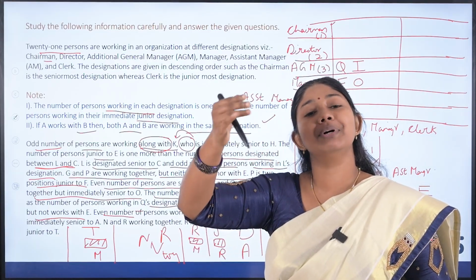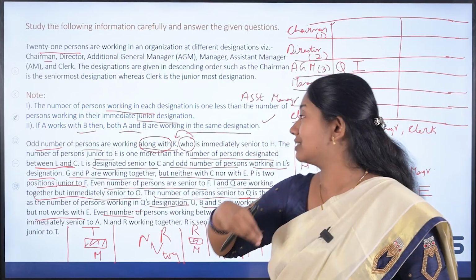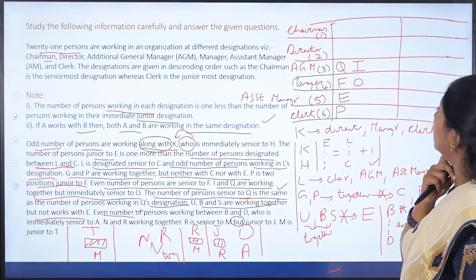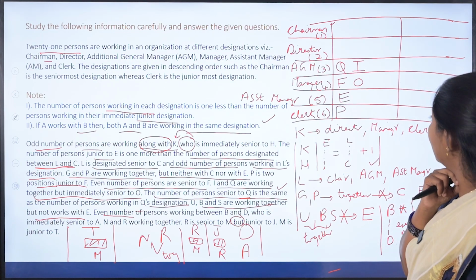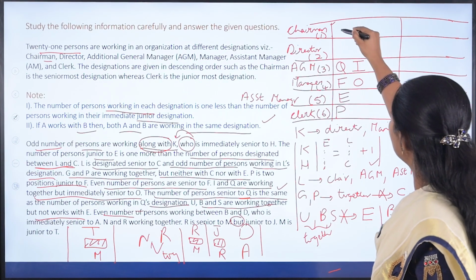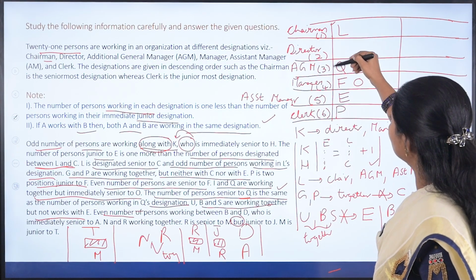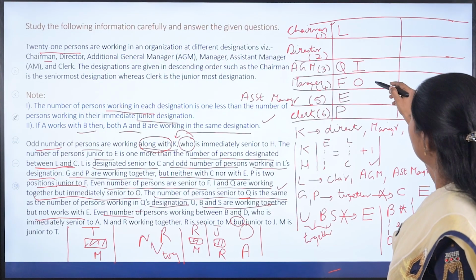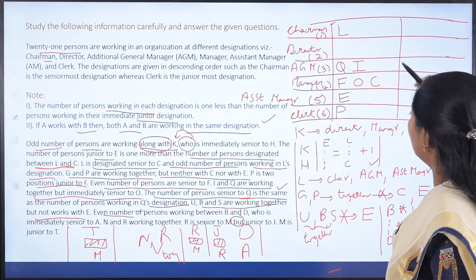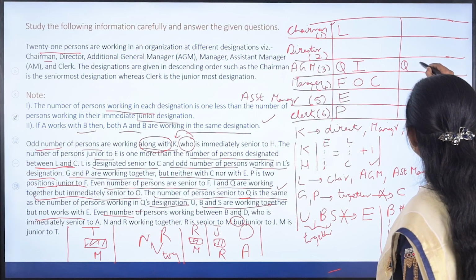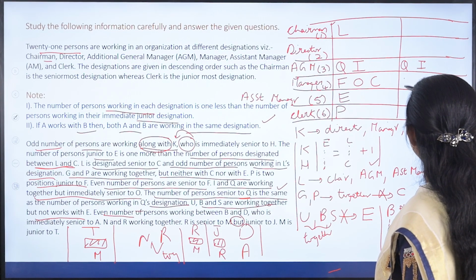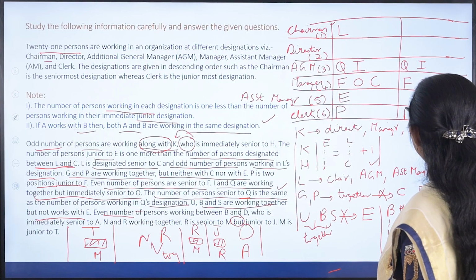Then only the number of persons junior to E can be 6. So you have to see in which condition it will get satisfied. If you want L and C to be 5, L should be placed here, because 3 plus 2 you are getting 5. So if you place L here, C will be here. That is one possibility.